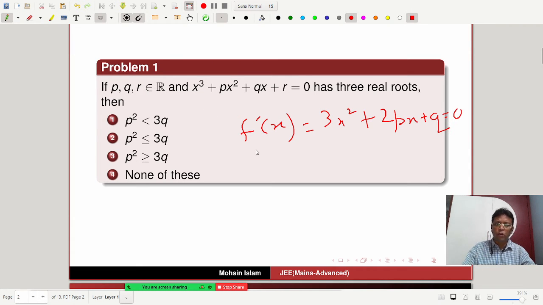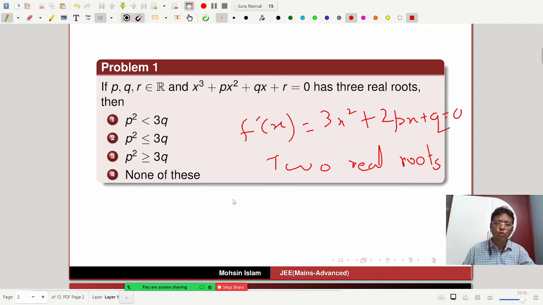It's a derived equation, and it must have two real roots, because your cubic equation has three real roots. So the derived polynomial must have two real roots.